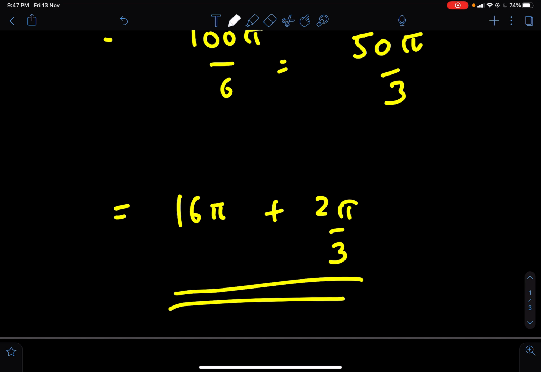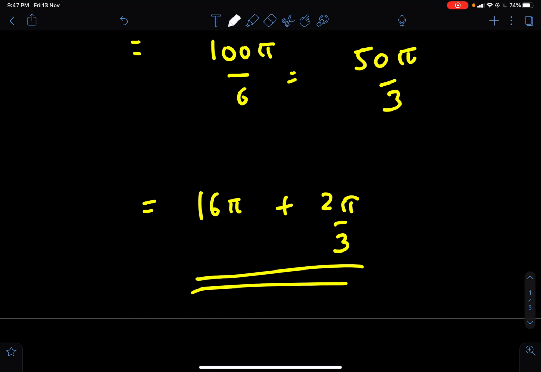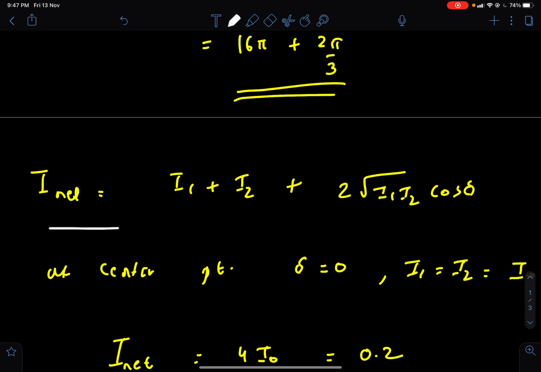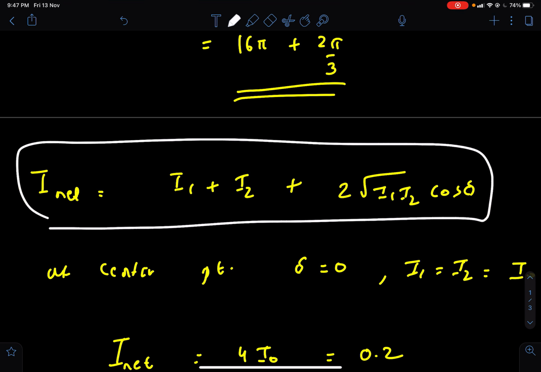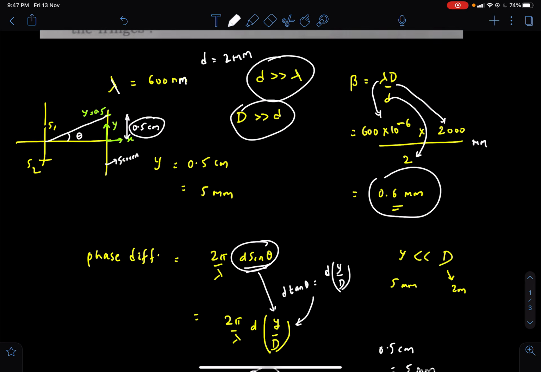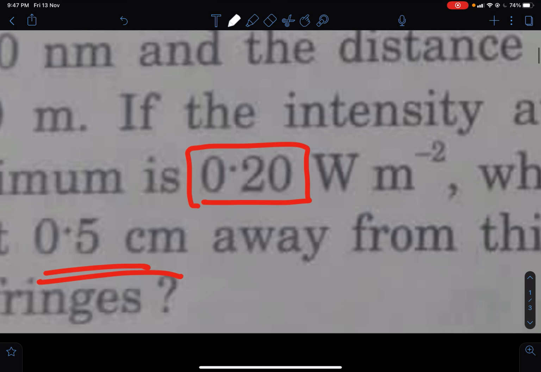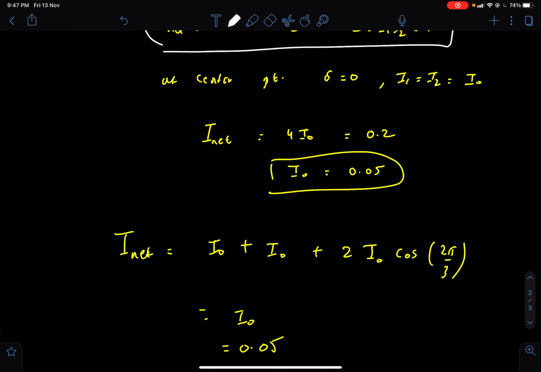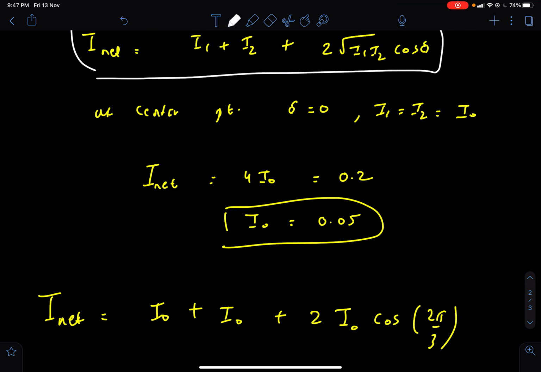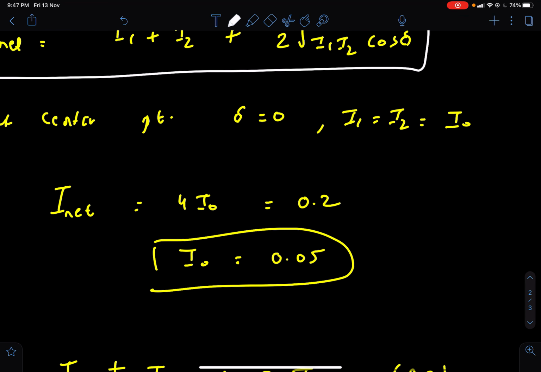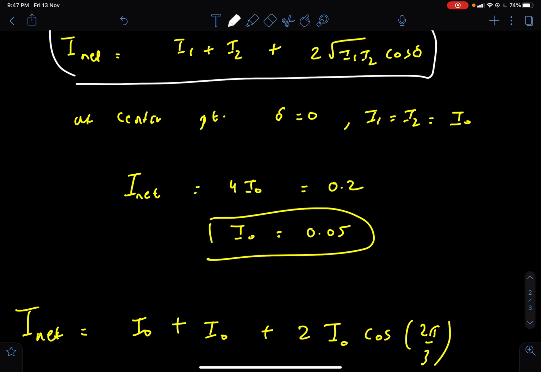This phase difference, which is 50 pi by 3, can be written as 16 pi plus 2 pi by 3. Now what about the intensity? So we know the formula for intensity, and also we have calculated now the delta value, which is the phase difference that we will substitute here. But what is given to us is the intensity at the center point of the screen, which is 0.2 watt per meter square. Now at the center point of the screen, theta is 0, so delta is 0, and I1 equal to I2 equal to I0, which is the intensity at the point of the screen due to individual slits.